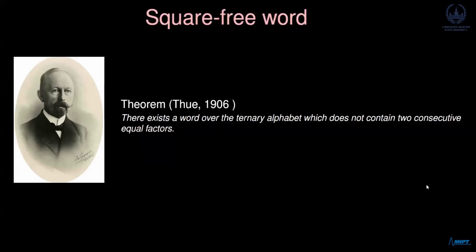Let's begin by looking at one of the earliest significant results in the study of pattern avoidance. Thue's theorem, first presented in 1906. Axel Thue proved that there exists a word over a ternary alphabet, that is, an alphabet with three distinct symbols, that does not contain any two consecutive equal factors.